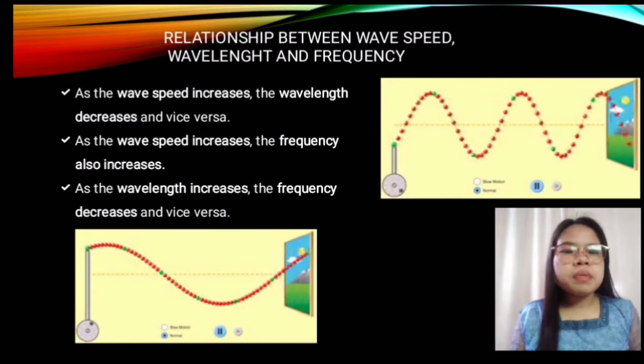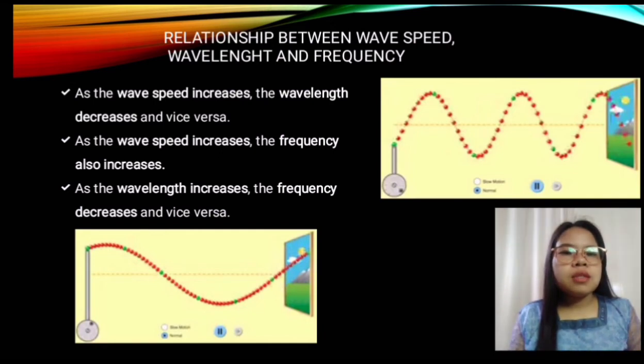Next, as the wave speed increases, the frequency also increases. The frequency is the measure of how many cycles of a wave per unit time, so it also increases as the wave speed increases.